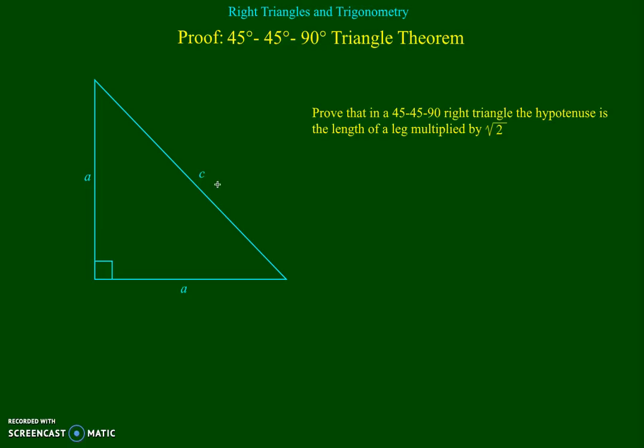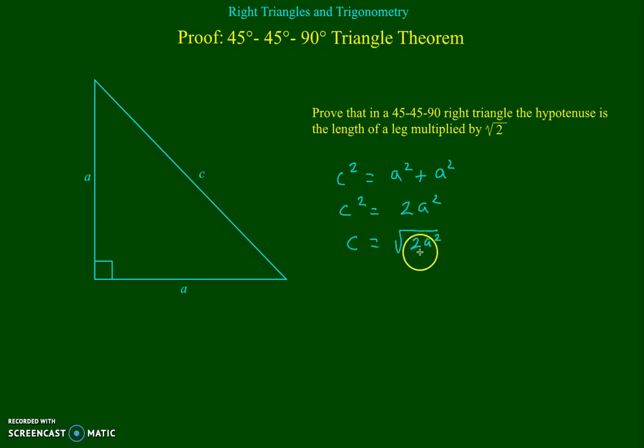By the Pythagorean theorem, the square of the hypotenuse equals the sum of the squares of the legs. A squared plus A squared is simply 2A squared. So C squared equals 2A squared. To solve for C, because that's what we're looking for, the length of the hypotenuse, C equals the square root of 2A squared.